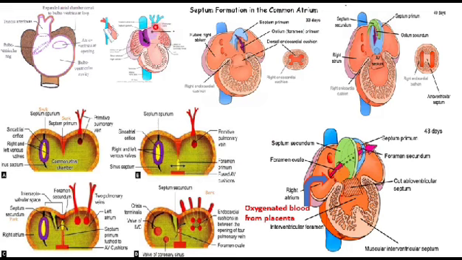So during the process, the solitary pulmonary vein that opens into the left half of the primitive atrium, the orifice has the right and left ridges. So this right ridge of the solitary pulmonary vein is known as the spina vestibuli.